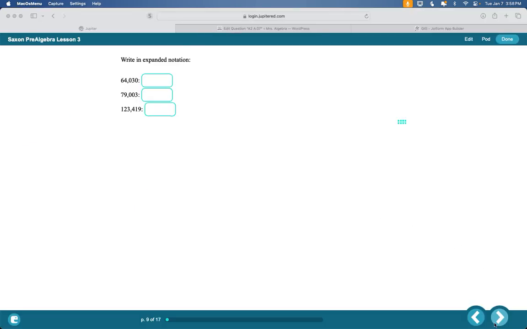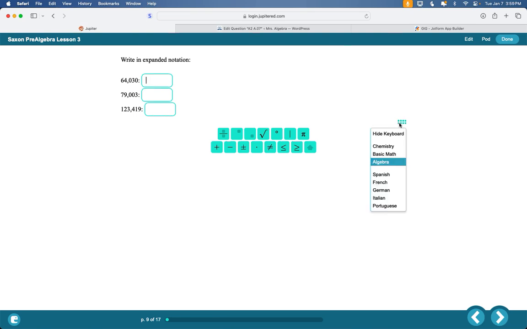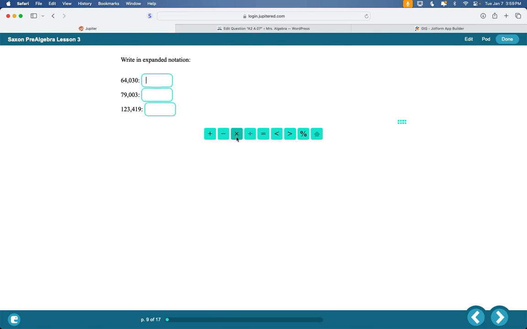Hold on. Okay, so right here in this one, you have the algebra multiplication dot, or you have the basic math multiplication symbol. Either one of those special characters, it'll mark it right.